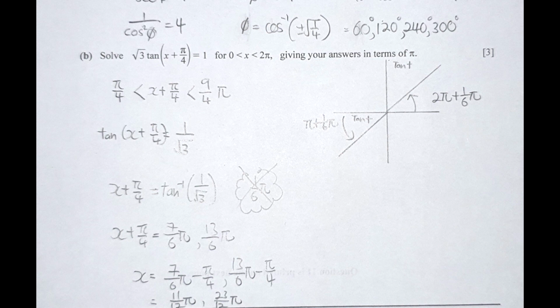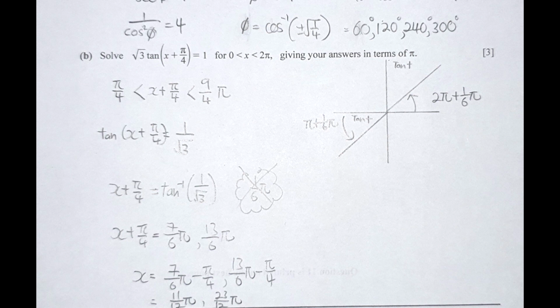After changing your calculator mode, key into your calculator, and you will get the result of 1 over 6 pi. However, this result is not accepted because it's actually lesser than the range that we have over there. So this 1 over 6 is excluded, and I can now proceed with the next calculation.